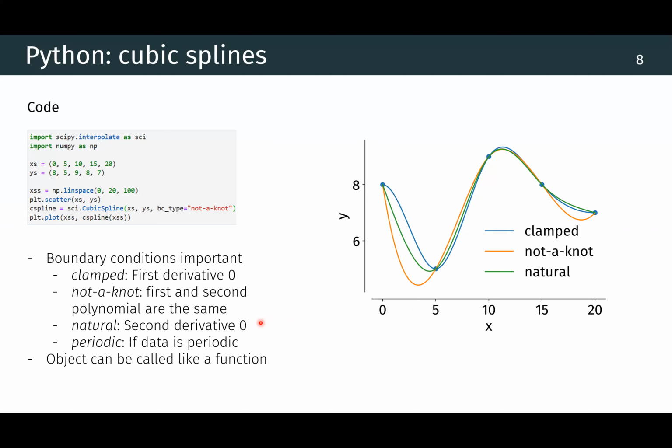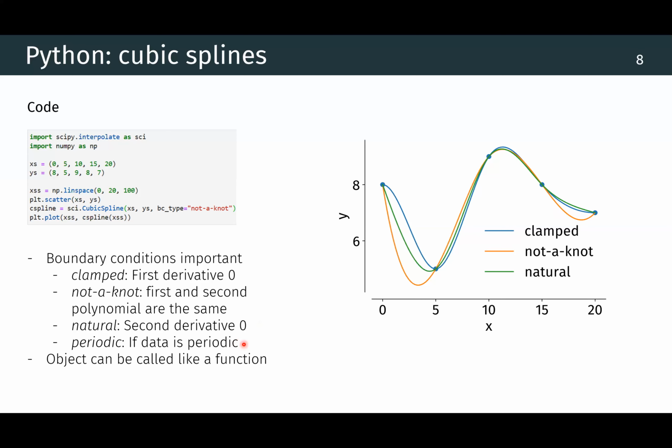Then there is something that's called natural, and the idea is you're not forcing the first derivative to be 0, you force the second derivative to be 0. Which one makes most sense depends on your particular problem. There's one special case that you can use.